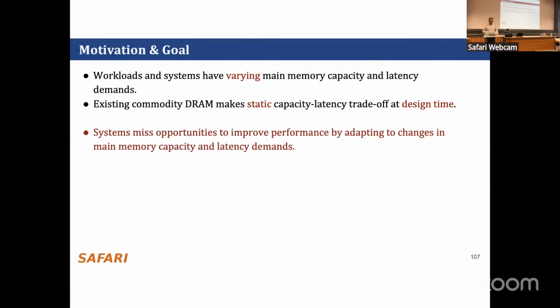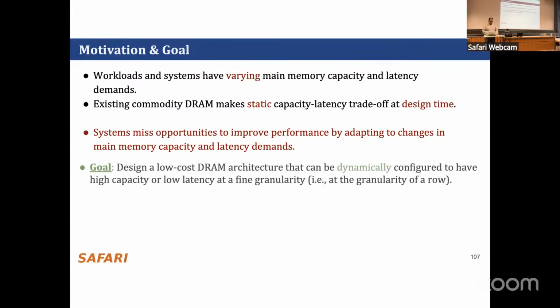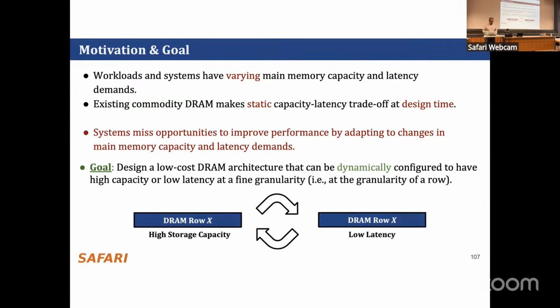So I'm not going over all these things again, but essentially the goal is to design a low-cost DRAM architecture that can be dynamically configured to have high capacity or low latency at a fine granularity, meaning at the granularity of a row. So for each row, we can decide if we want it as high capacity or low latency.